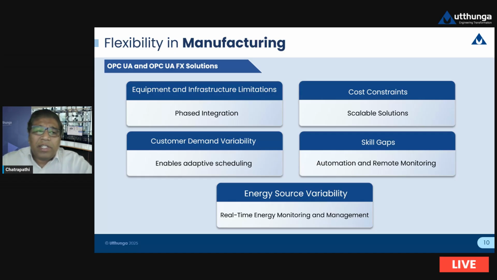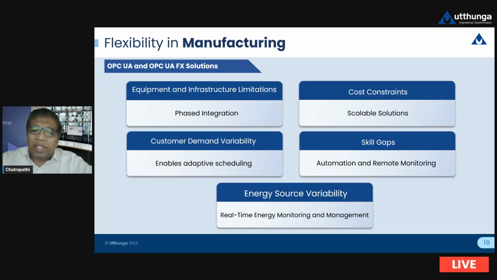And related to the customer demand variability, OPC UA and OPC UA FX enables adaptive production scheduling by providing real-time data on production status and demand. At each stage, it can capture rich required information to make these decisions by the upper layer, and the data is seamlessly exchanged with those systems through unified information models.